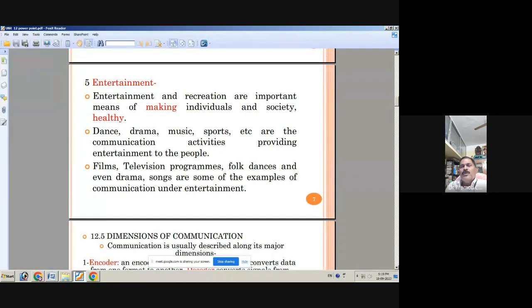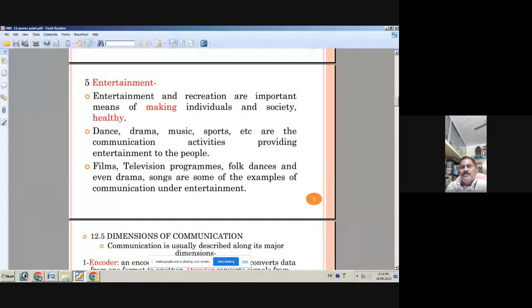When we are playing a drama, when we are singing songs, when we are dancing, when we are using musical instruments, then definitely it is to be called an entertainment program. But still we communicate so many ideas and thoughts to the public through entertainment.